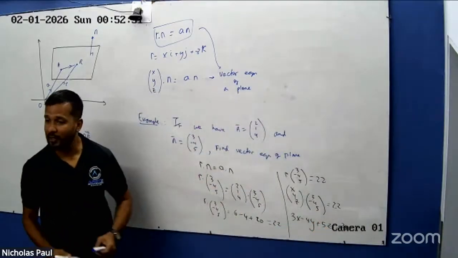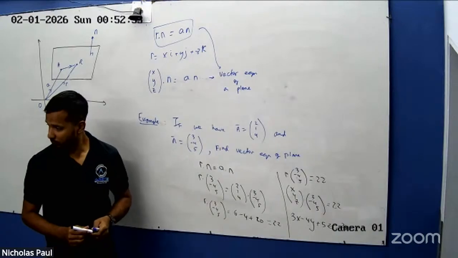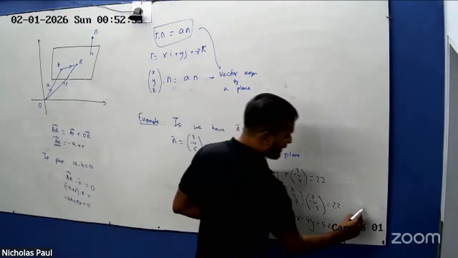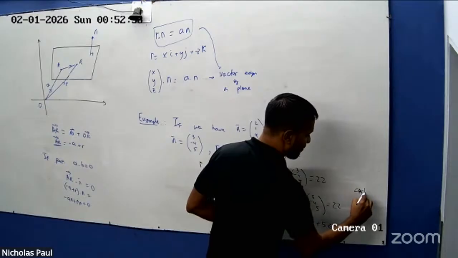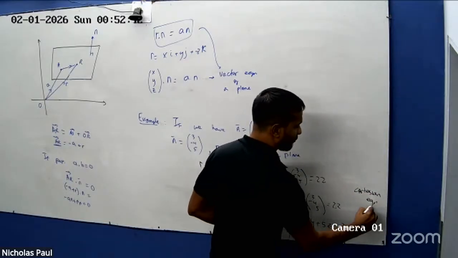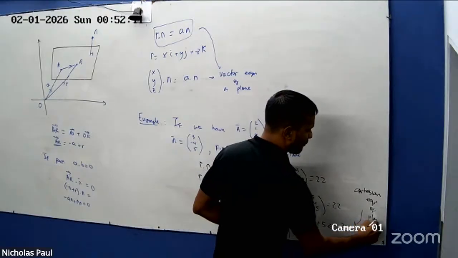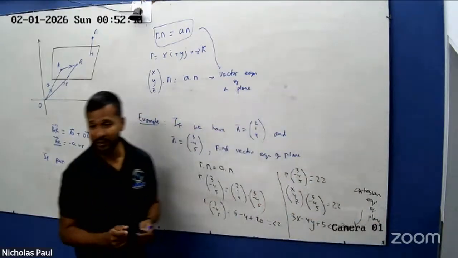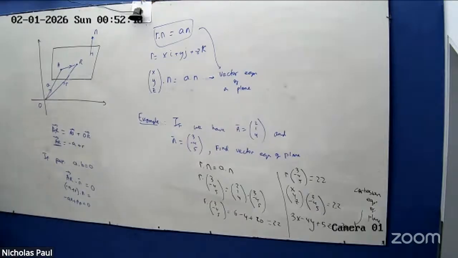What do we call that? Cartesian. This is your Cartesian equation. And that's it. That's all you need to know. Let's try the questions before we move on from this.